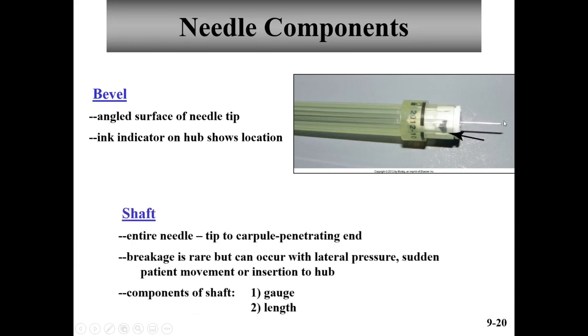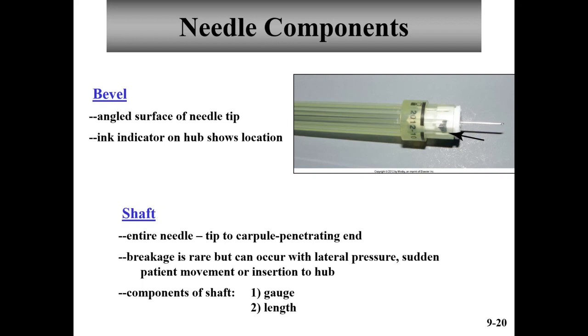The shaft is from the tip of the needle all the way to the end of the carpule penetrating end. It's the entire length of the needle. It's very rare for a needle to break, but it can. If a breakage occurs, it's almost always because you've put too much pressure on the needle, or you've got sudden patient movement, the patient jumps or jerks, or grabs your hand, heaven forbid, while you have a needle in their mouth.